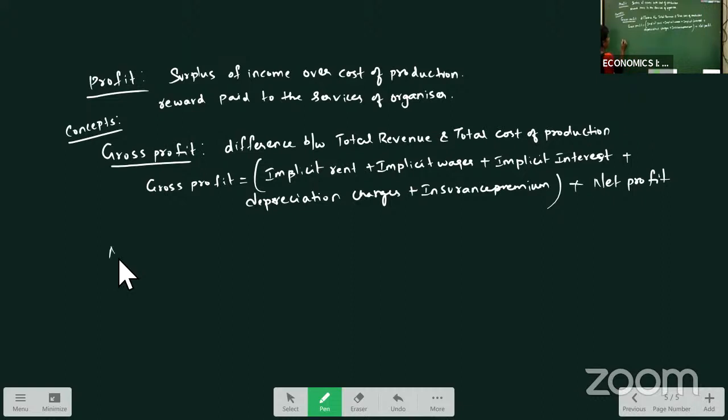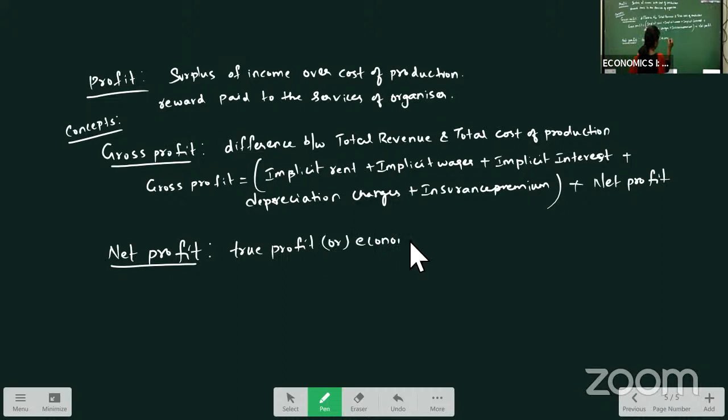Now, the next concept is net profit. Net profit is also called true profit or economic profit or pure profit, which is earned after all the payments.